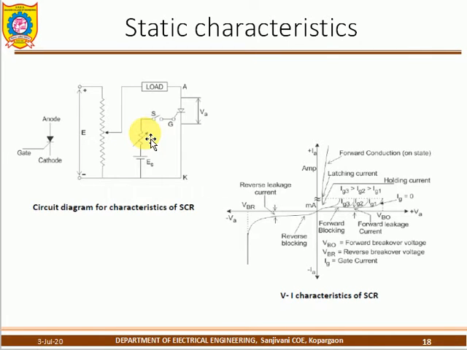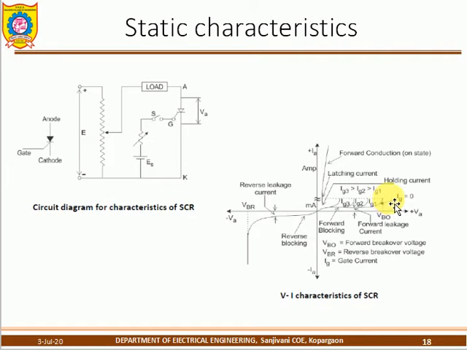What is the purpose of the variable resistance? The variable resistance is used to vary the gate current slowly from 0. So I slowly vary the gate current, starting from 0, 0.1, 0.2, 0.3, for example the latching current, 0.5.